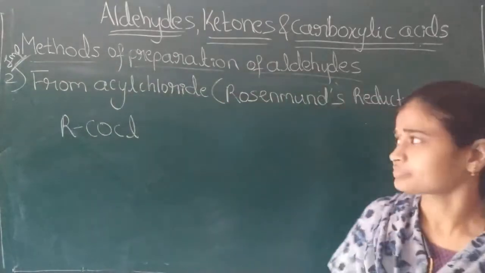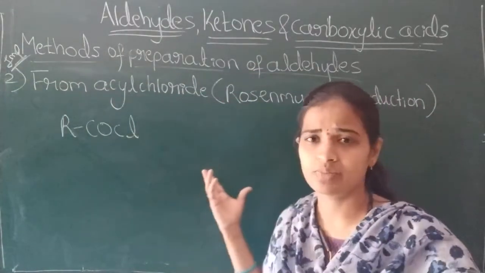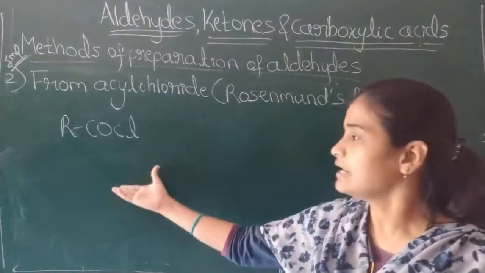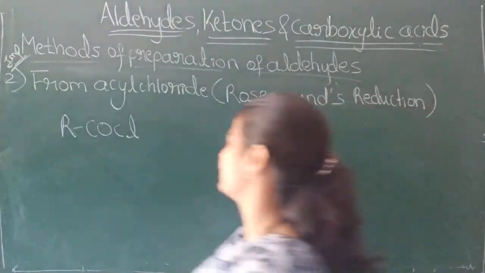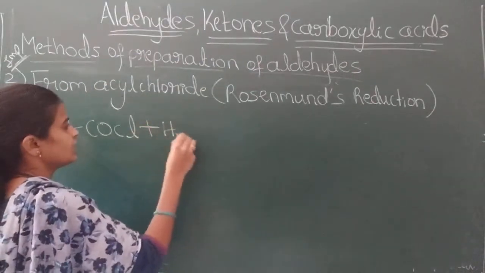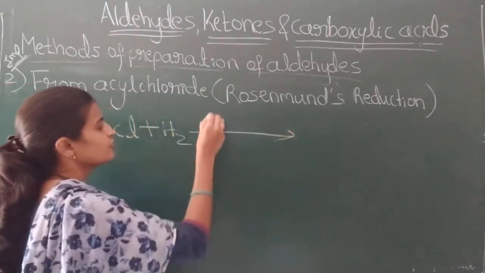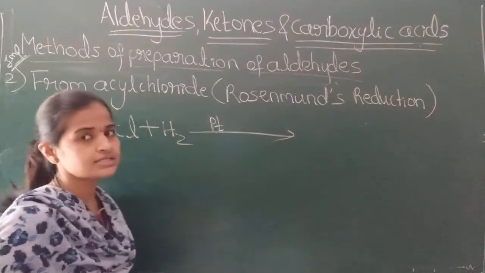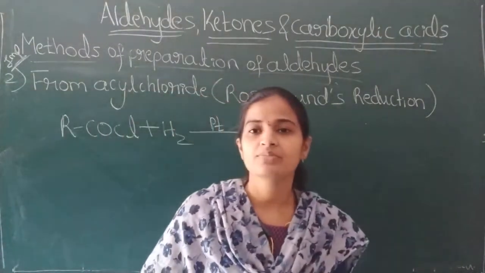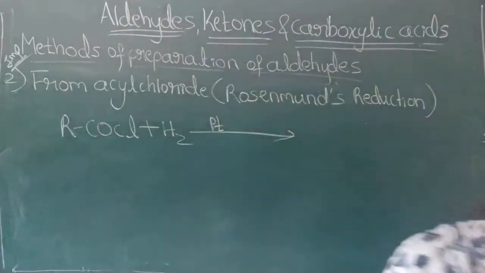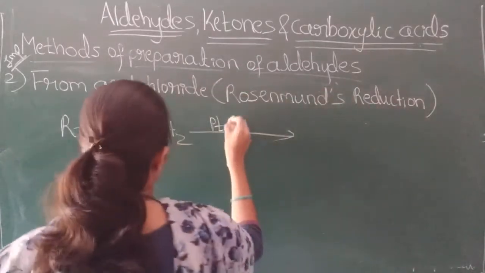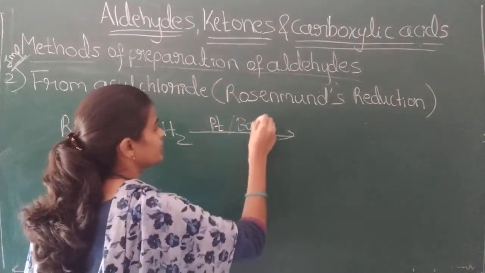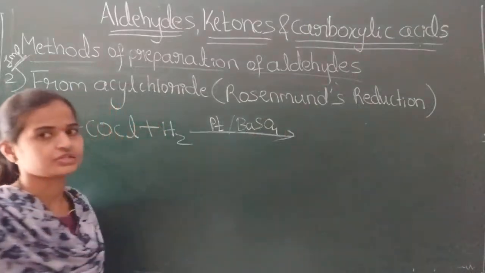Then what is done in Rosenmund's reduction? When acyl chloride is heated with hydrogen in the presence of palladium catalyst supported over barium sulfate, BaSO4, RCHO, an aldehyde, plus HCl is formed.